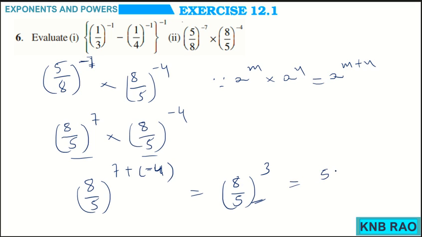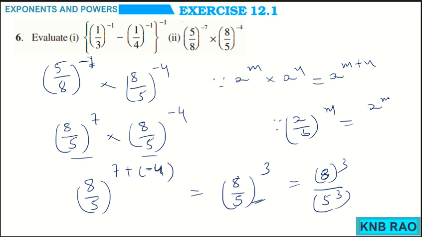On simplification this is written as 8 power 3 by 5 power 3, using the (a by b) whole power m identity, which gives a power m upon b power m. So 8 power 3 is 512 and 5 cube is 125. The value is 512 upon 125, which is the right answer.